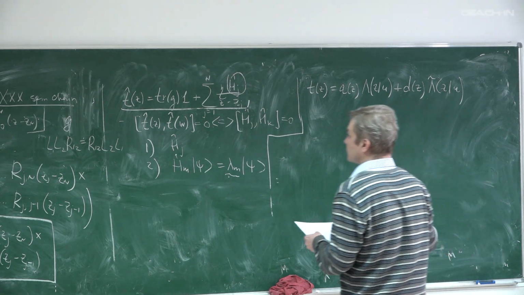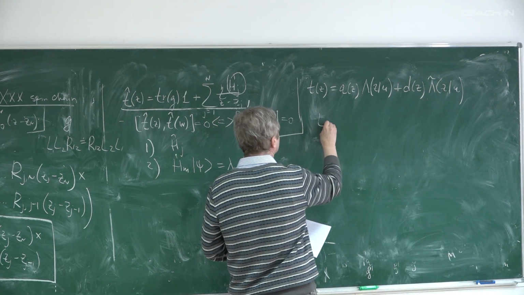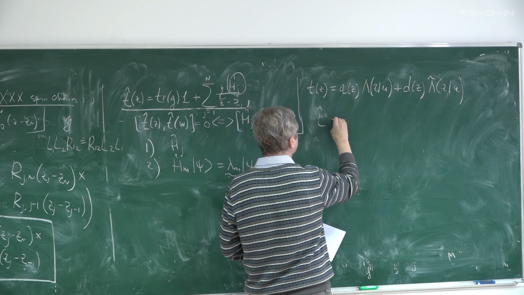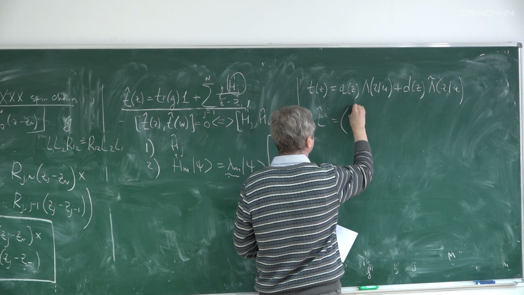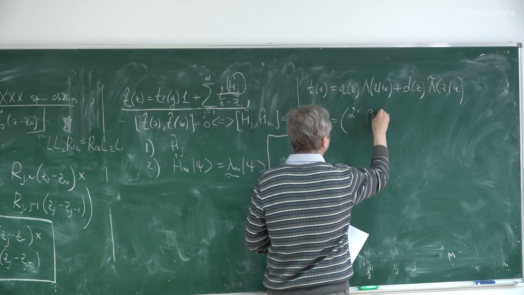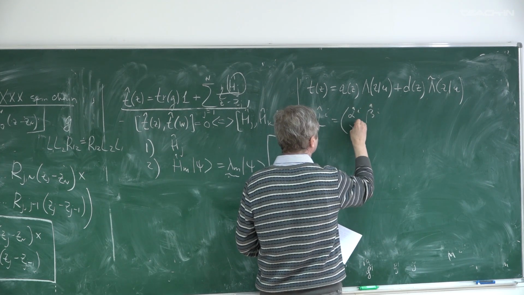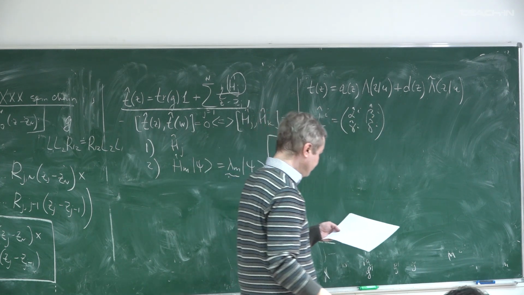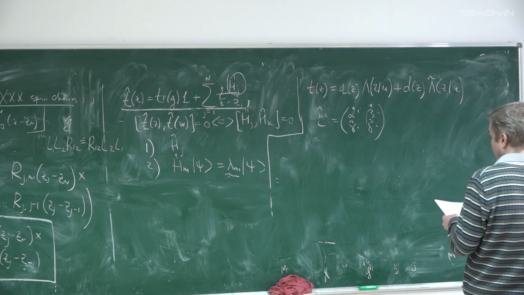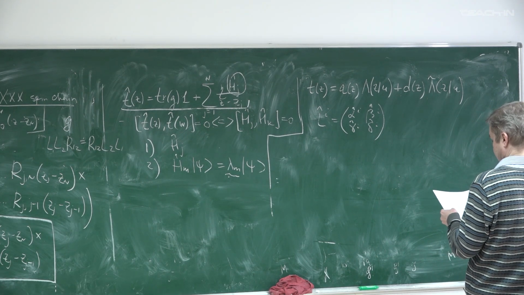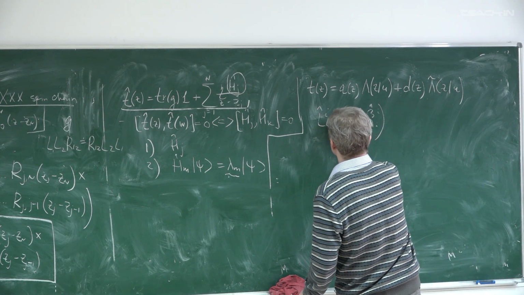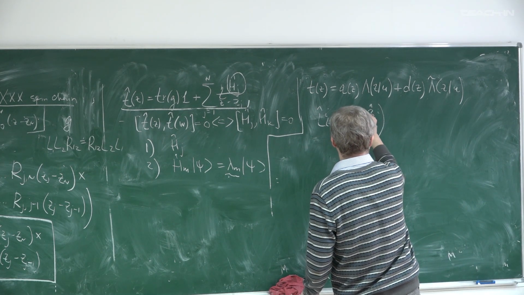Our notations were as follows. We used short notations for matrix elements of the Lax matrix. We defined them like alpha eta, beta eta, gamma eta, delta eta. Everything depends on the spectral parameter.